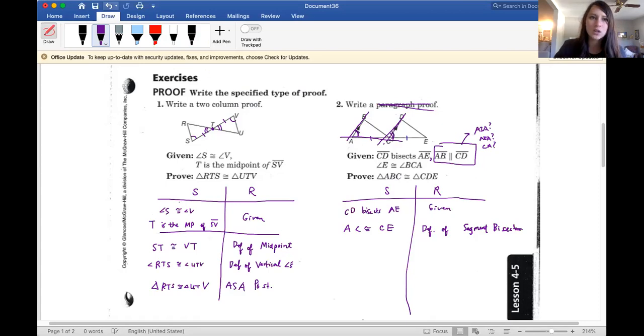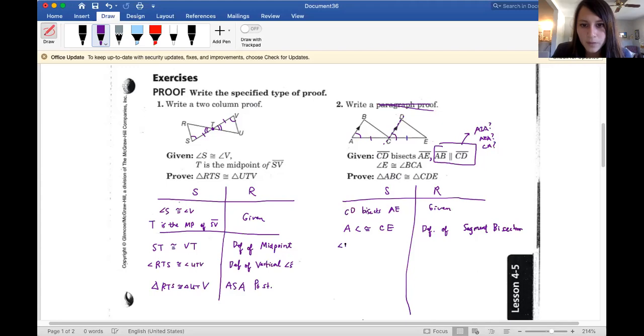Does that make sense? My drawing's kind of messy, but I could now say that these two maybe would be congruent because AB and CD are parallel, and then AE is the bisector, and so it makes these two parts being congruent.